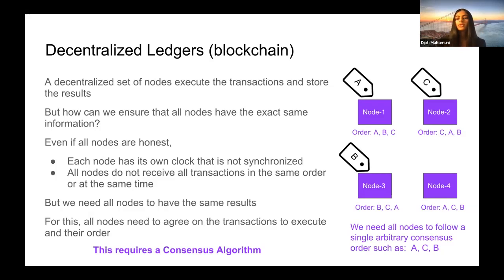So if the nodes just process the transactions in the order that they received them in, it won't lead to a successful blockchain because they'll reach different conclusions. So all of the nodes need to agree on which transactions to execute and in which order. So this is where consensus algorithms come into play.